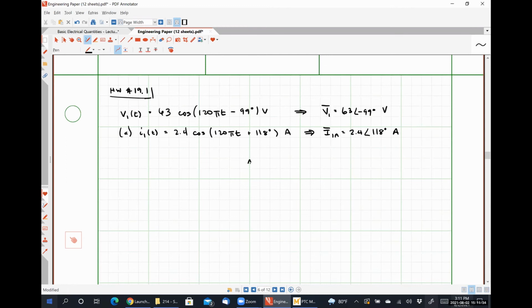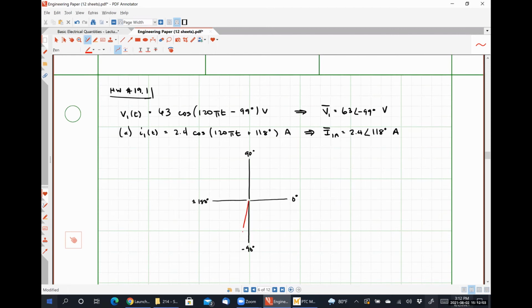Actually, it shouldn't have an arrow there. I'm going to draw a plane here, where this is 0 degrees, then we have 90, then plus or minus 180, and then negative 90, like so. I'm going to do V1 in red. So I have 63 angle negative 99.